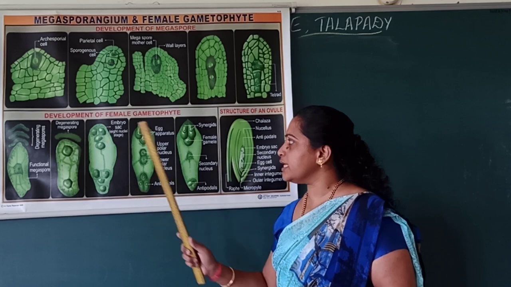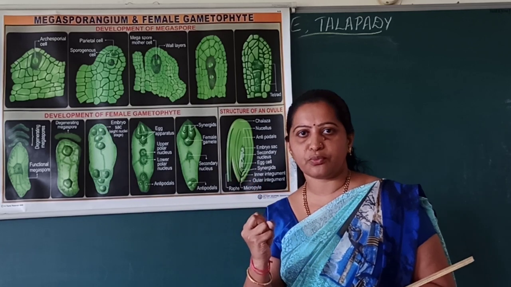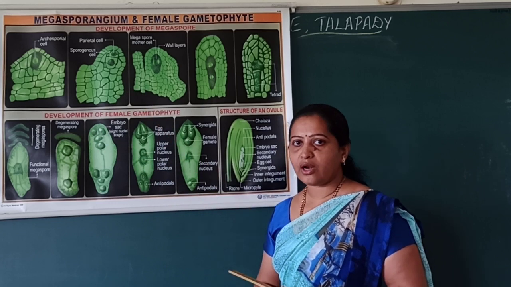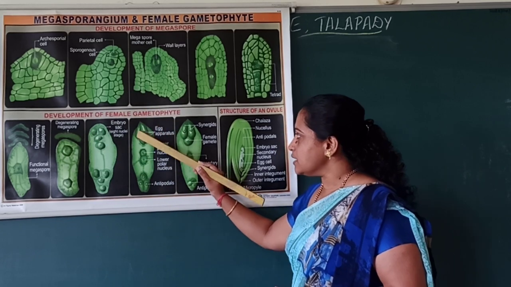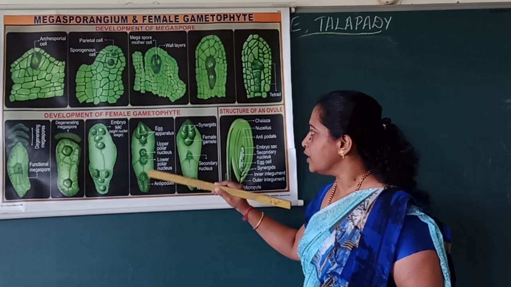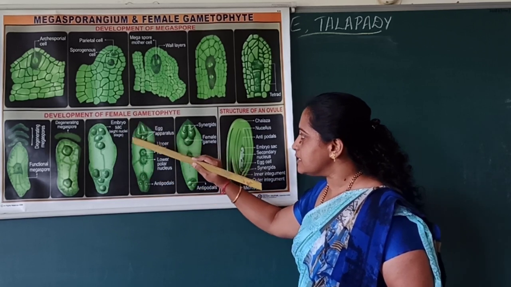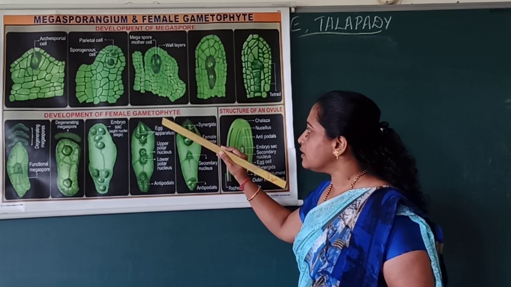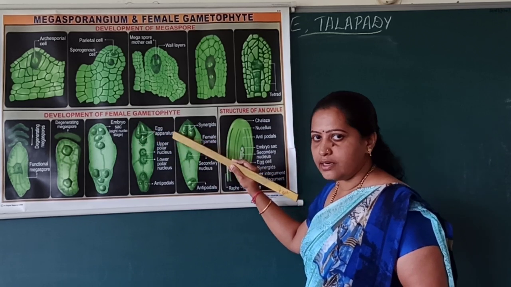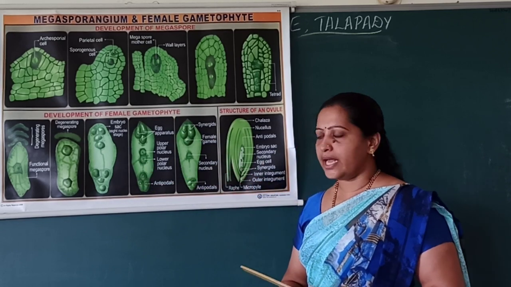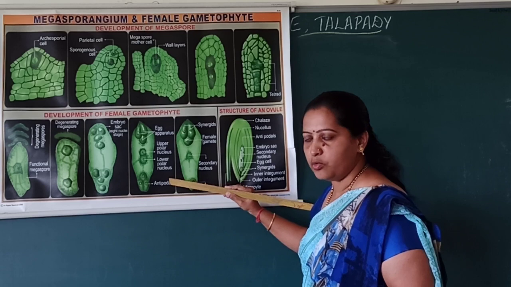So each nucleus accumulates some amount of cytoplasm and cell wall is laid around each of the nuclei. So thus 3 cells are formed at each pole. Those 3 cells formed towards the micropylar end together represent the egg apparatus, and those 3 cells formed towards the chalazal end form antipodals.